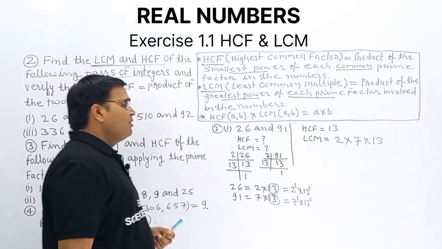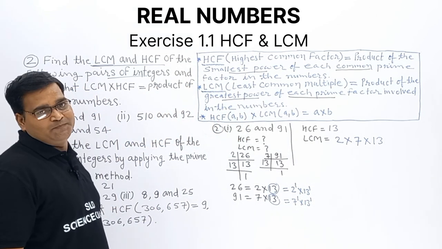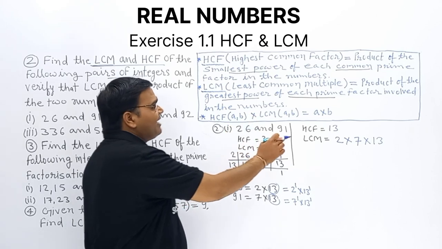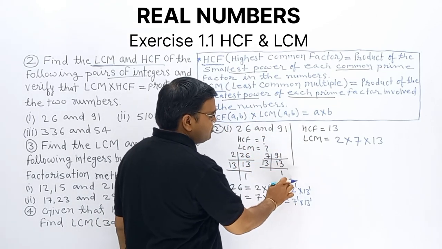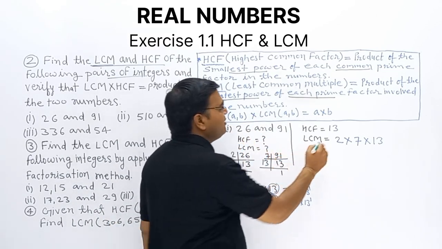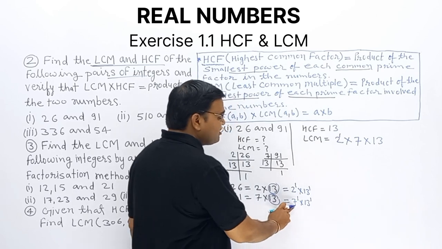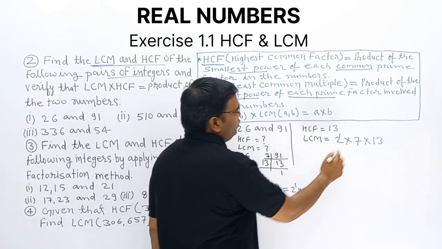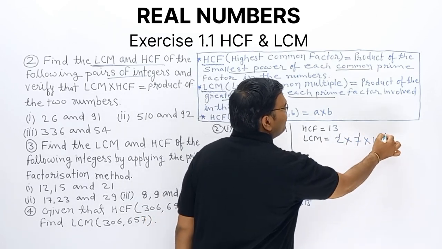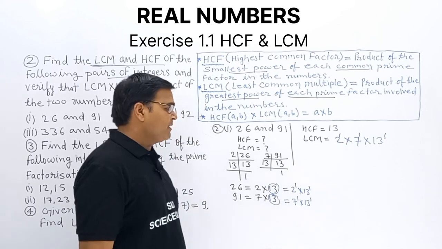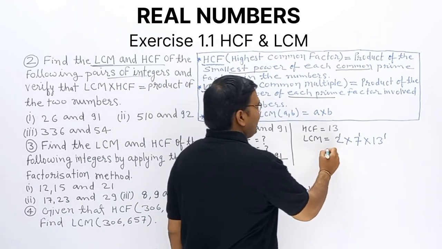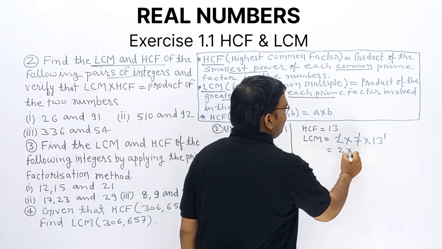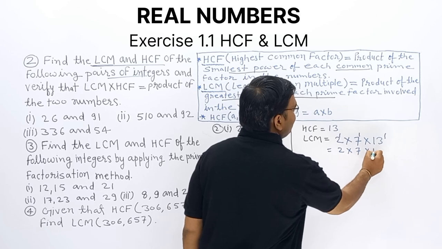Now we write the maximum power of 2 in the LCM. It has only 1, so we will use 1 there. The maximum power of 7 is 1, and 13 is used 1 time. So 2 power 1 is 2, 7 power 1 is 7, 13 power 1 is 13.